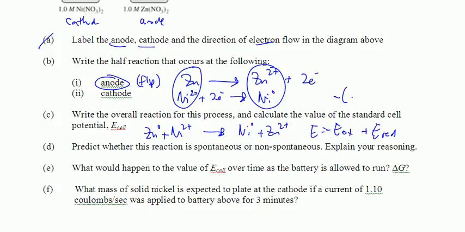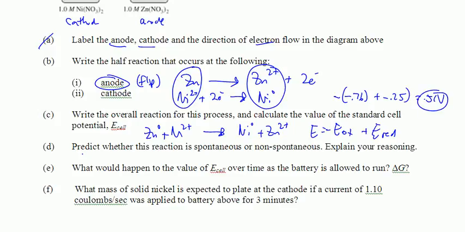The oxidation potential here, you should flip it, right? So negative 0.76 plus negative 0.25 equals 0.51 volts.